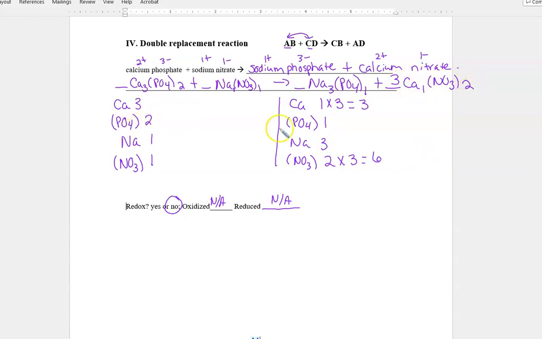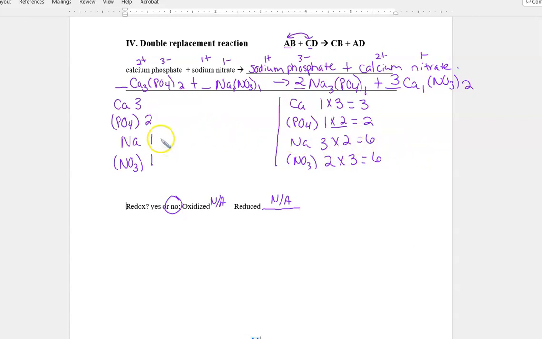So I can just pick phosphate to start with. A lot of students like to just mess with the elements themselves. I'm going to go ahead and go with phosphate. So this is a 2 and this is a 1. So in order to balance that, I would need to multiply by 2 here. So now I need to go find its blank, which is up here. And I'm going to go, oh well, that fixed that guy, but now 2 is multiplying by sodium as well, which is now giving me sodium as a 6.